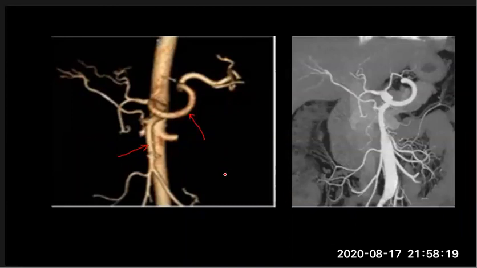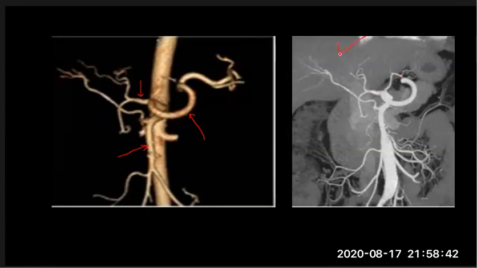CT angiography. Can you name the technique? This is the volume rendering technique here, showing the aortic branches.